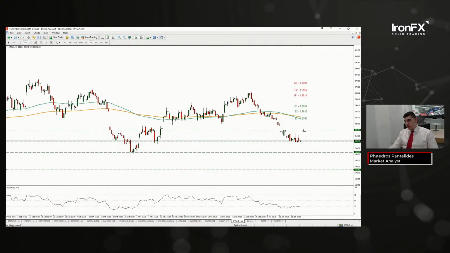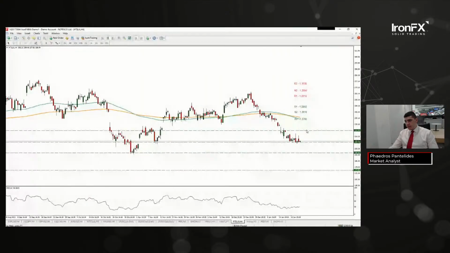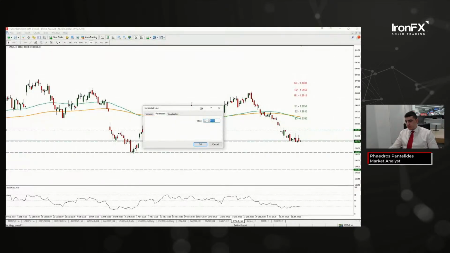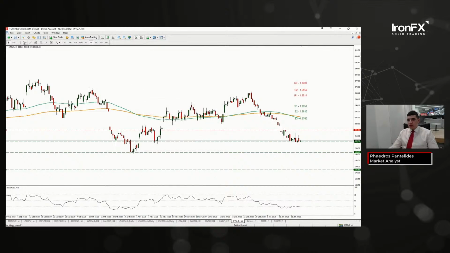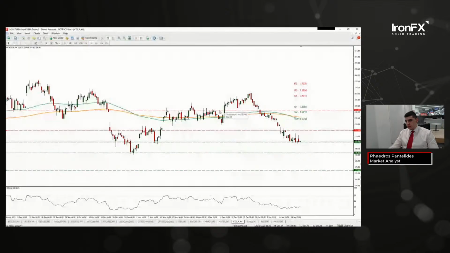You could place R1 with this bearish candle, 221.05. R2, 244.25.